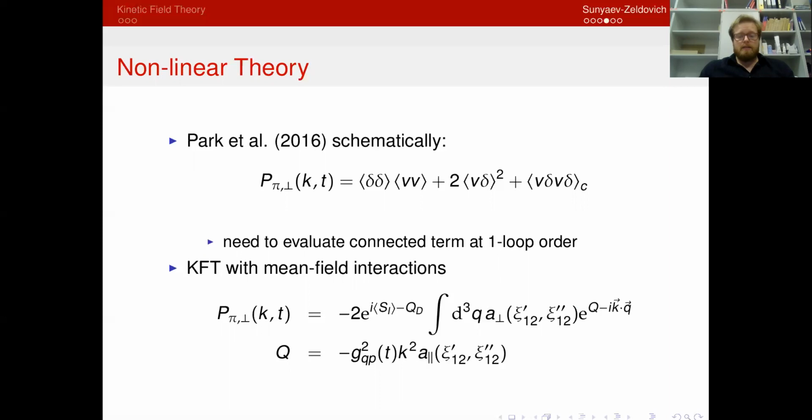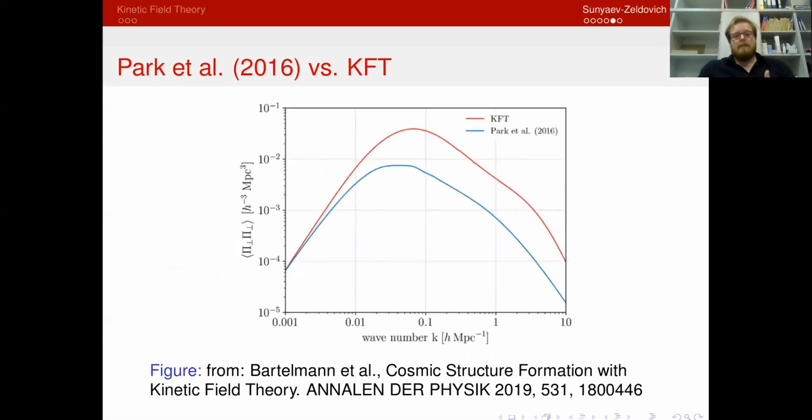Comparing the results directly, we see this. So first of all, for the largest scales, we obtain almost the same results. Going to smaller and smaller k, so calculating the limit k to 0, we obtain the same dependence on the wave number k, that is k squared, as we expect from momentum conservation.